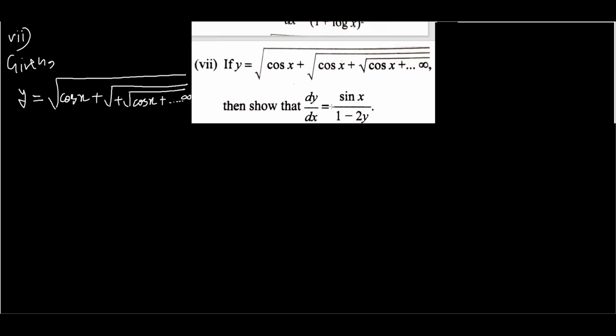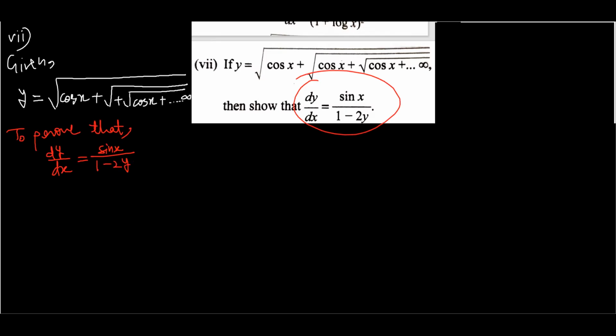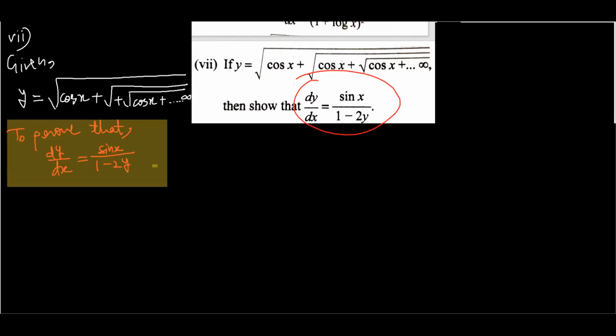And what we have to prove? We have to prove that dy by dx equals sine of x upon 1 minus 2y. This is what I have to prove.